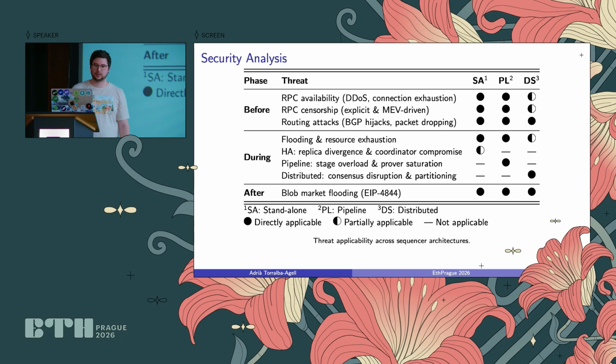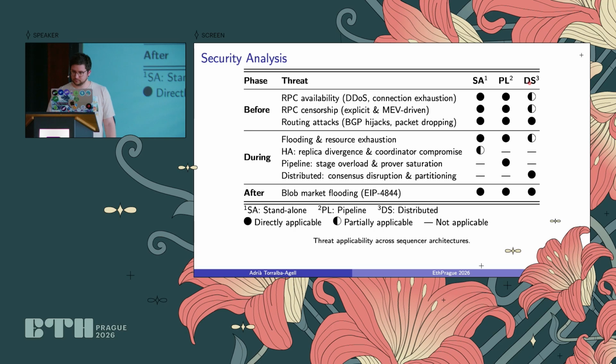If a malicious actor is trying to censor your access to the RPC, and you have a single standalone sequencer or a pipeline sequencer, you most probably are in trouble, because you are really centralized and you don't have that many input routes to access the rollup.